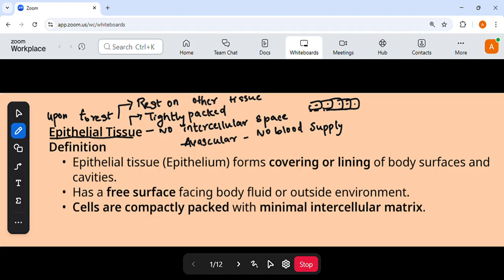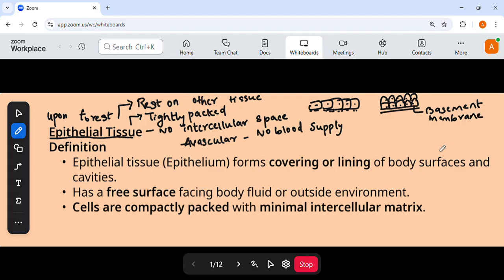And they'll be having, wait a minute, let me draw here. Suppose this is the epithelial tissue. Okay, they'll have a basement membrane, on which it will lie.